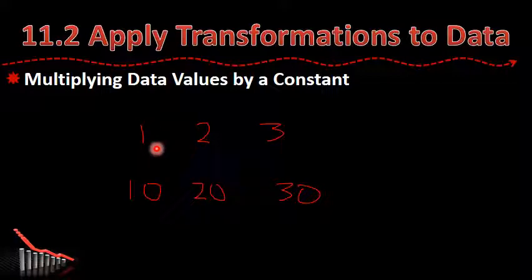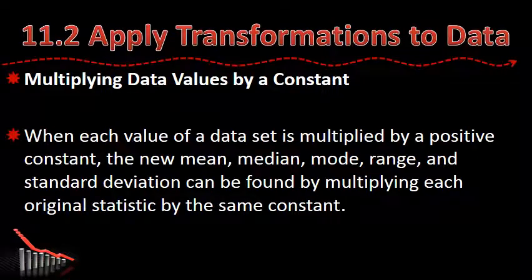So all the measures have been multiplied by 10. So when each value of a data set is multiplied by a positive constant, the new mean, median, mode, range, and standard deviation can be found by multiplying each of the original statistics by the same constant.